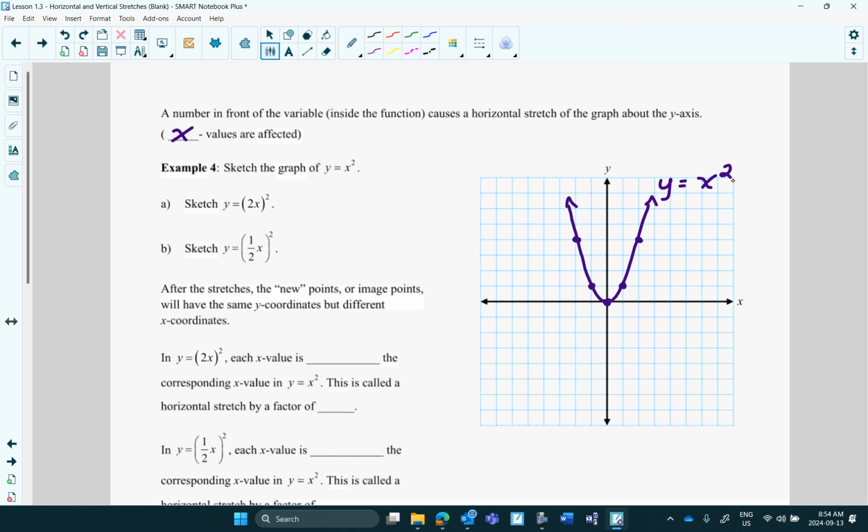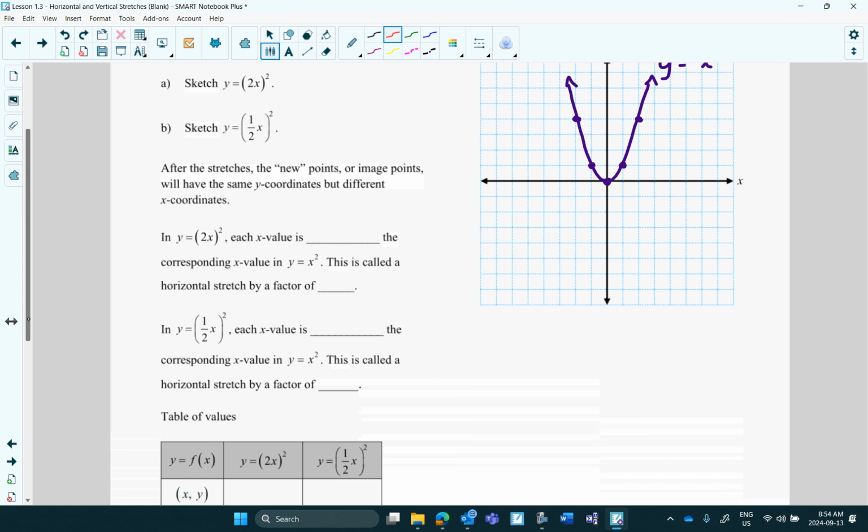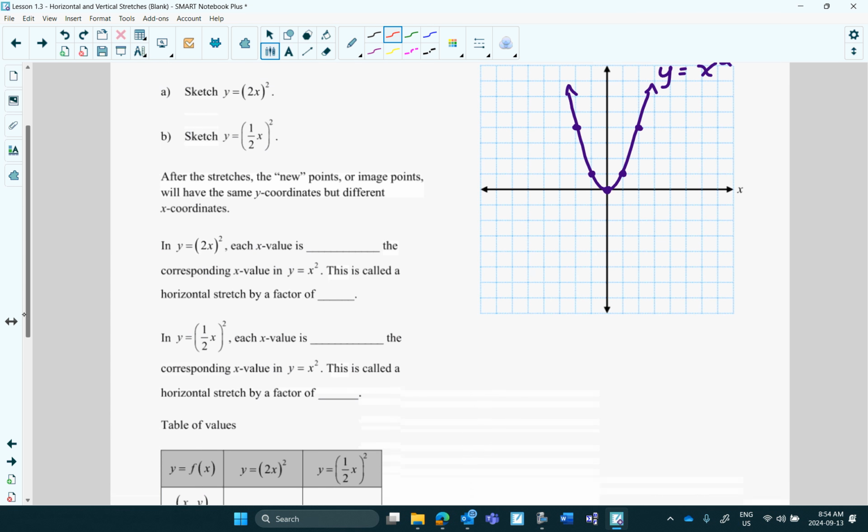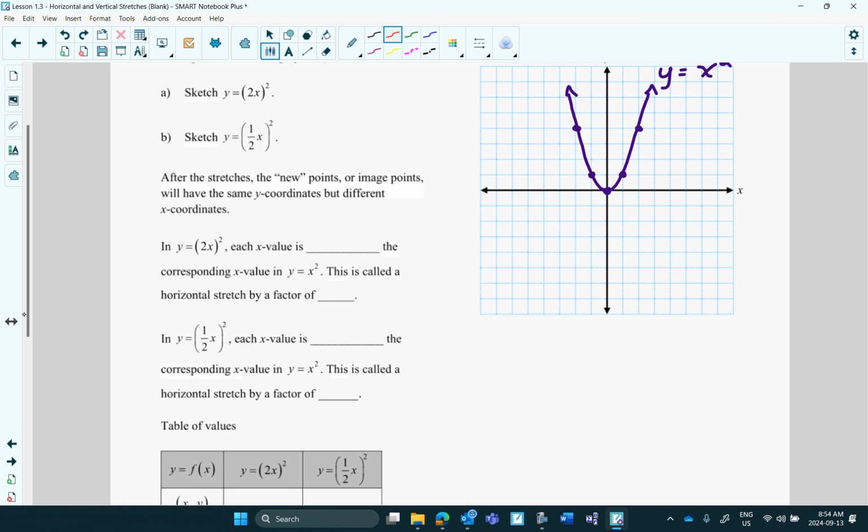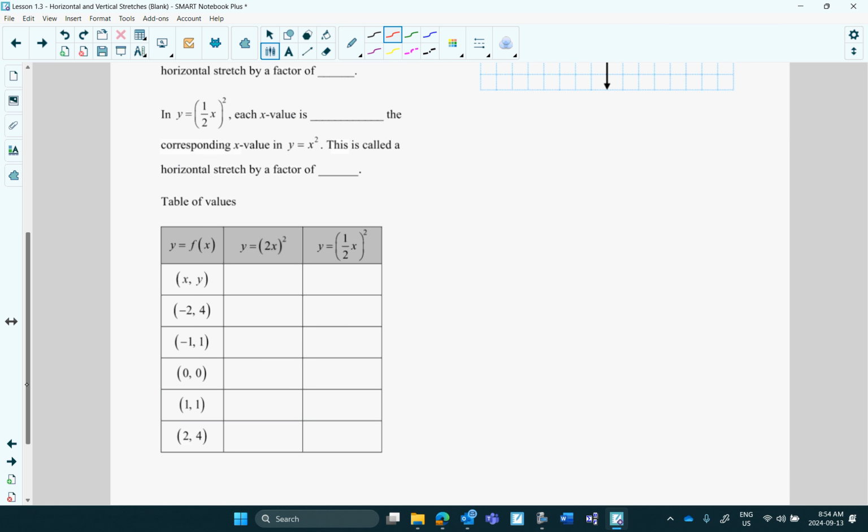We use table of values below. So remember, the y values are going to stay the same, the x values are going to change. Well, when x is 0, 2 times 0 is 0, and 0 squared is 0. So in x squared, when the point is 0, 0, when we stretch it, it's still 0, 0.